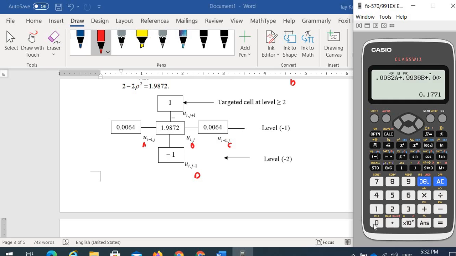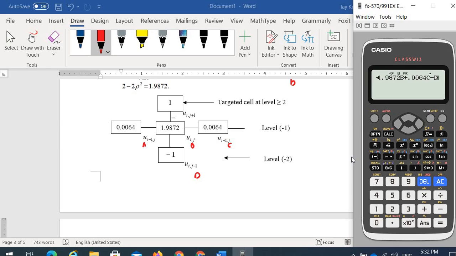The formula is 0.0064 A plus 1.9872 alpha B plus 0.0064 alpha C minus alpha in U12.